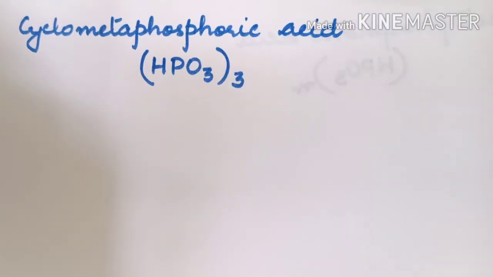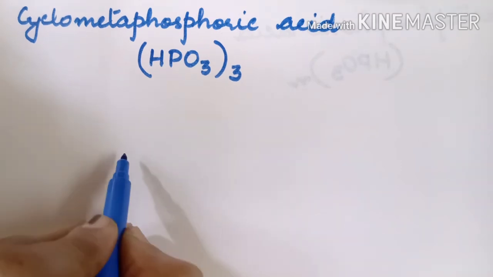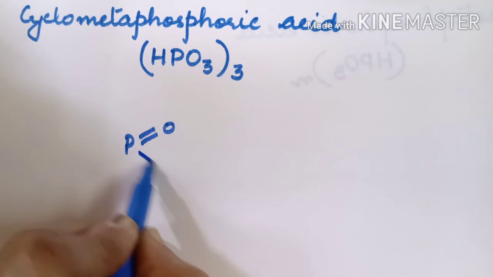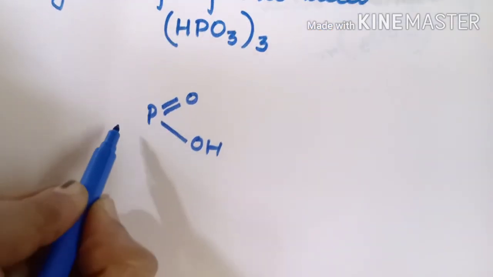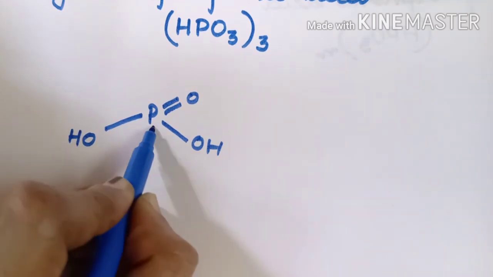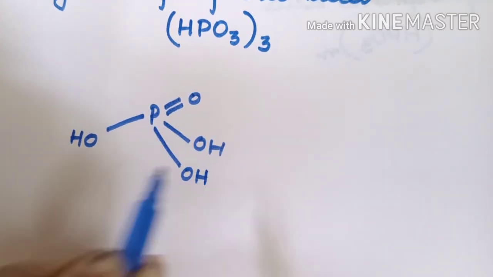For drawing the structure of cyclometaphosphoric acid, we require 3 orthophosphoric acid side by side. So I am drawing P double bond O, single bond OH, OH here, 1 OH this side.